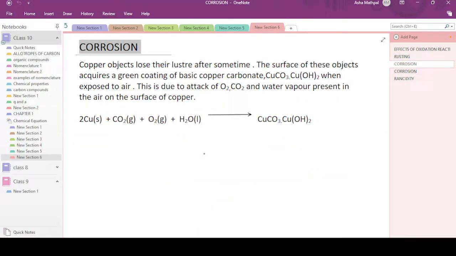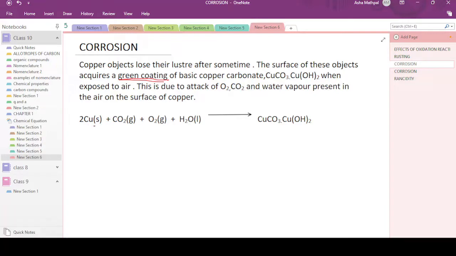Corrosion can be seen in the case of copper objects also. If you have any kind of copper utensil in the home, you must have observed, or you can ask your mothers also, that over the copper articles we see a greenish kind of layer with time. So they acquire a green coating. This green coating is of the basic copper carbonate.